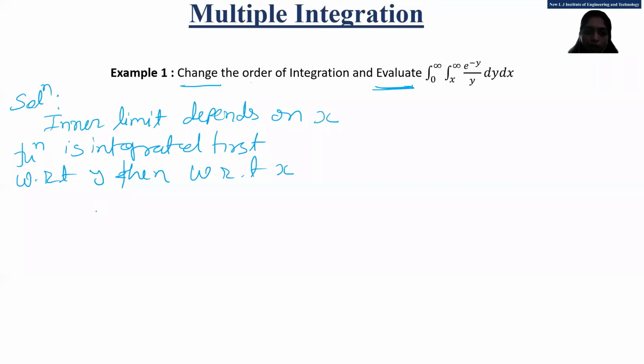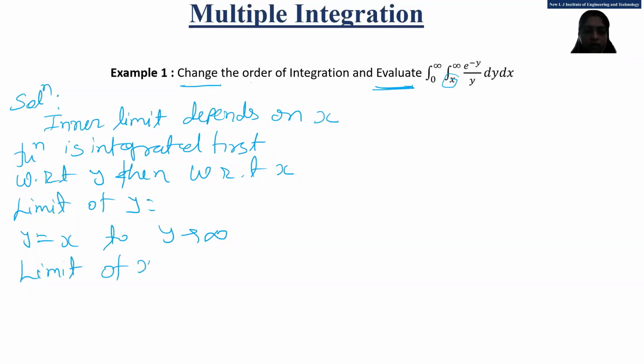First with respect to y, it means limit of y. So what is the limit of y? Y equal to x to y tends to infinity. And limit of x is what? Limit of x, that is x equal to 0 to x tends to infinity.